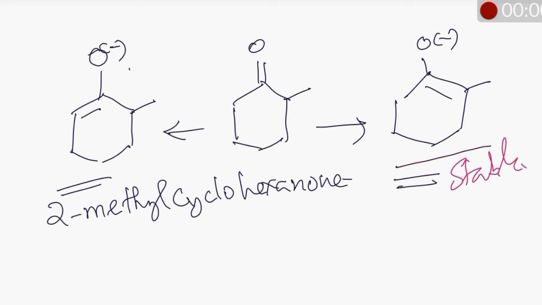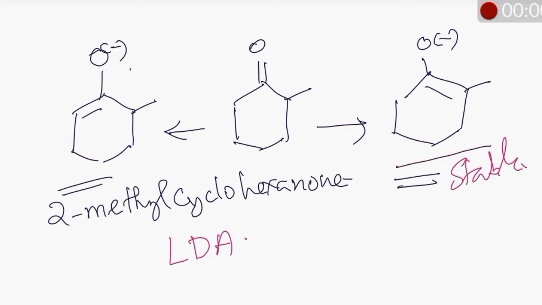But compare the situation where we use a strong, bulky base such as LDA. LDA is too hindered and attacks the least hindered CH bond alpha to the carbonyl group.